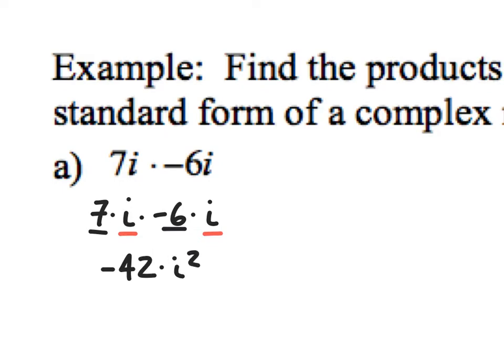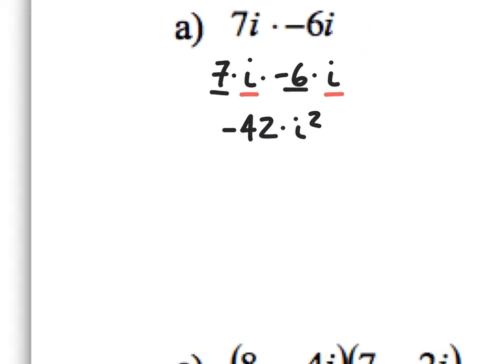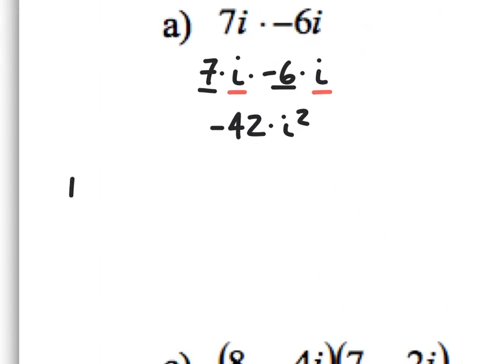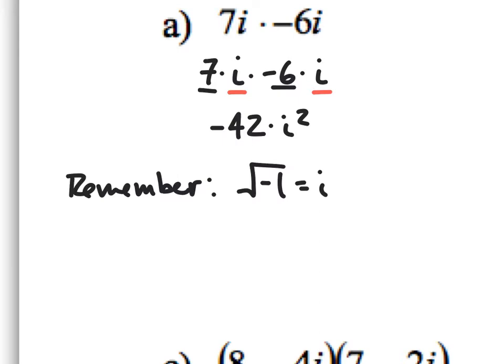If we remember from the first page, the square root of negative 1 is equal to i. If I square i, that gives me negative 1. If I cube i, that gives me negative i.